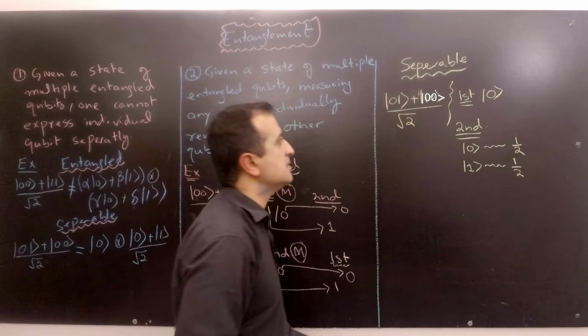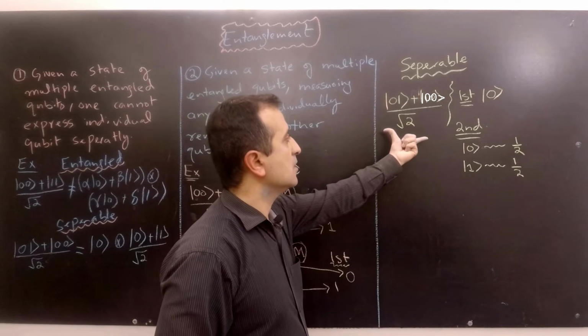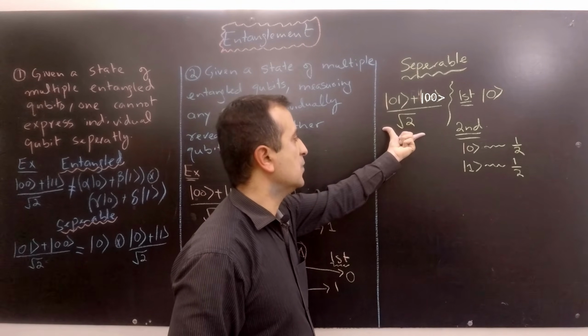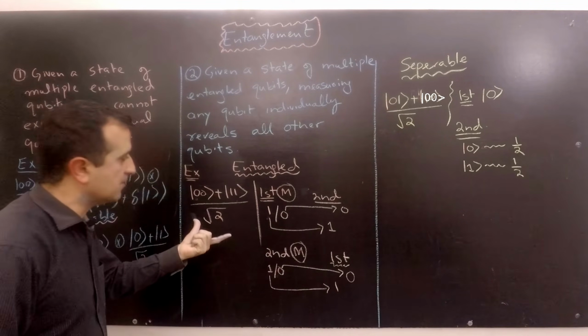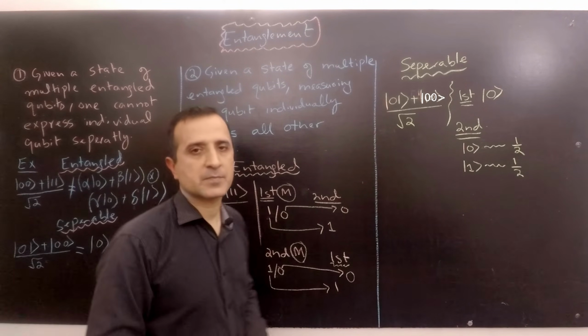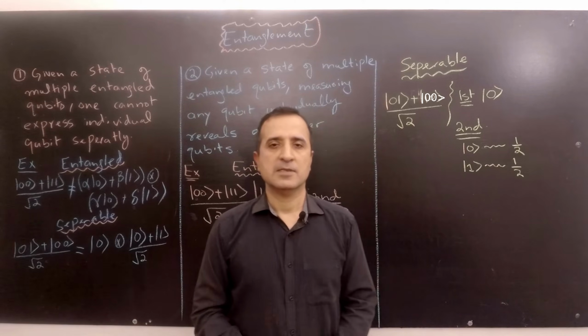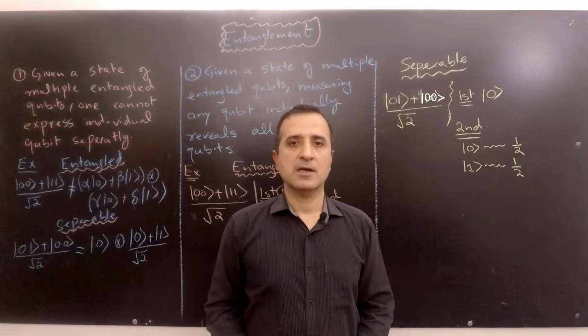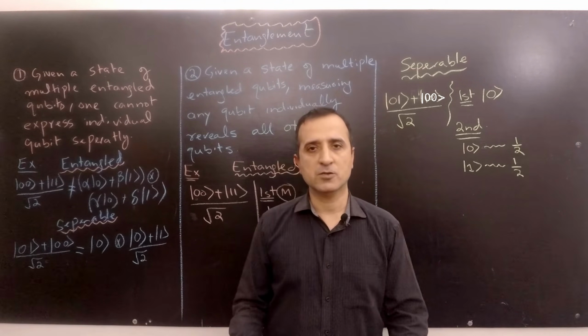So these are separable qubits, whereas those are entangled qubits. I hope that using these two definitions, the concept of entanglement will be clear to you.